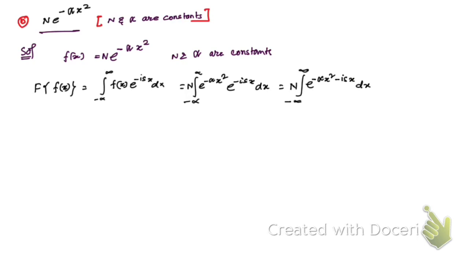So now what we can do here in this case, let's take this part. So what we have here, minus alpha x square minus is x. If you take minus alpha common, then we're gonna have x square plus is x by alpha.